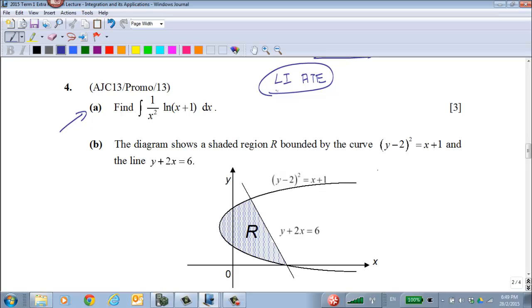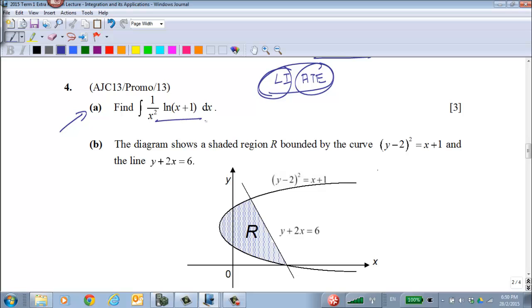However, I like to see LI as a subgroup and AT as another subgroup. Reason being that whenever you see an expression for integration that contains log or inverse trigo inside, and there's nothing else that has been stated, you should know that it must be done by integration by parts, because for the log and the inverse trigo, you can only differentiate them and not integrate.